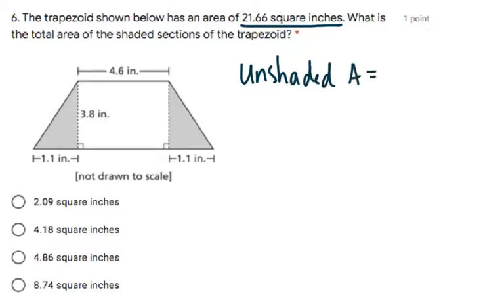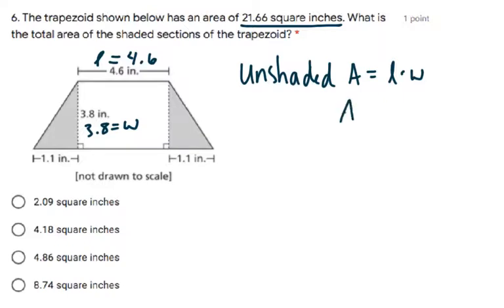So my unshaded area equals length times width, just like any other rectangle. And I'm going to look at my rectangle over here. 4.6 inches is my length, and my width is the other one, 3.8 equals width. And they're kind of interchangeable, so as long as you're multiplying them both together, that's okay.